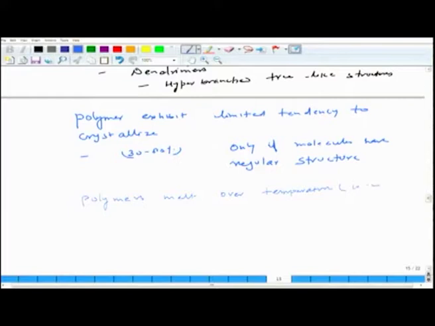The range could be 10 to 20 degrees Celsius, and the usual reported value of Tm refers to the highest temperature of the melting range.